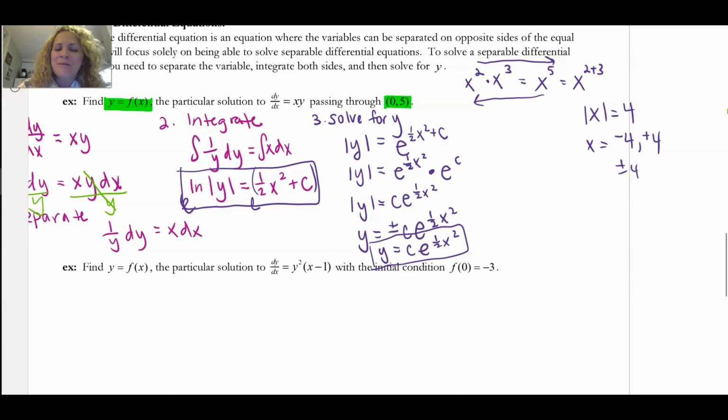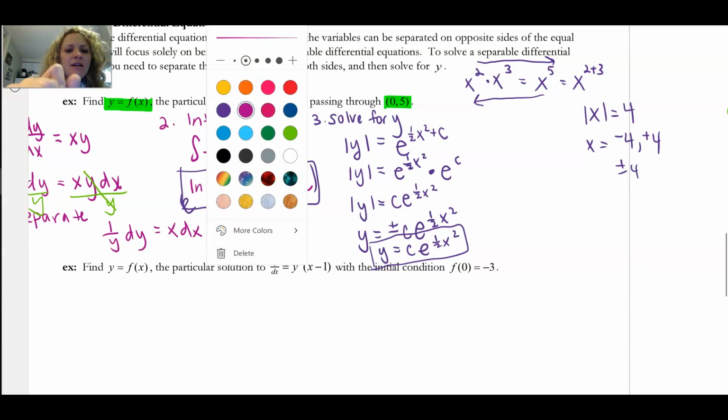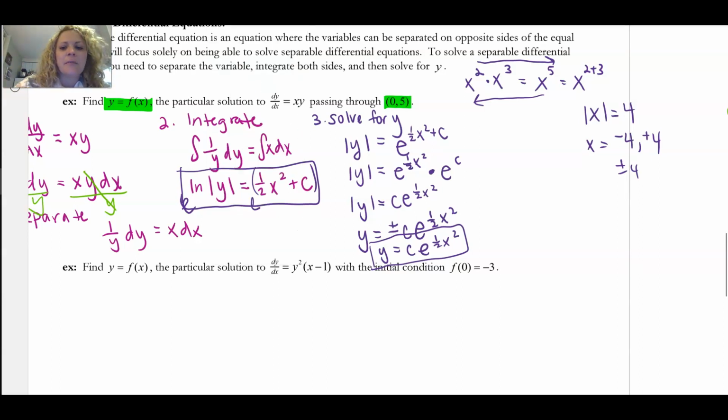All right, we're going to plug in now this initial condition, 0,5, and we're going to figure out what c is. So let's do this last step. I'm going to plug in 0 for x and 5 for y.